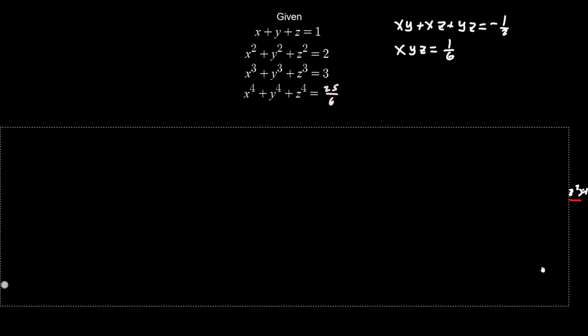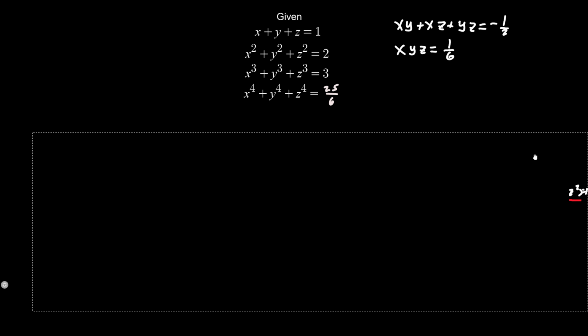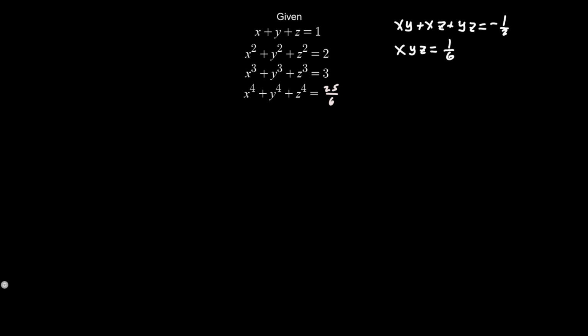So pretty much we did all that long work when we could have just used Newton's sums. And pretty much what Newton's sums relates is all of the powers, right?